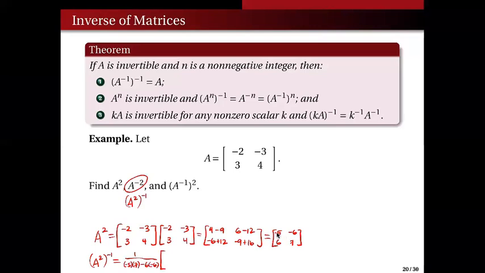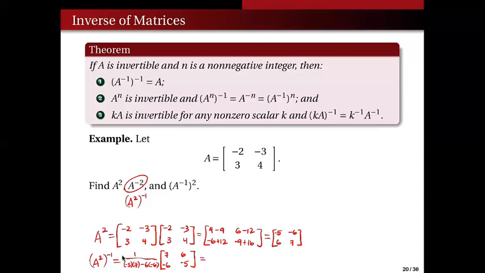And then here we interchange. So this is 7 here, this is negative 5 here. Then we negate the other entries. This is negative 6, this is positive 6.